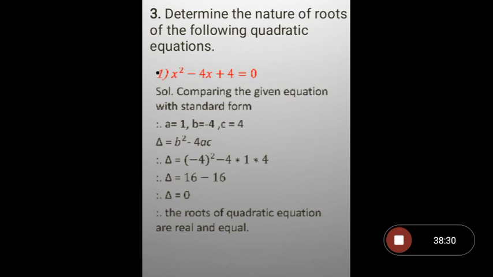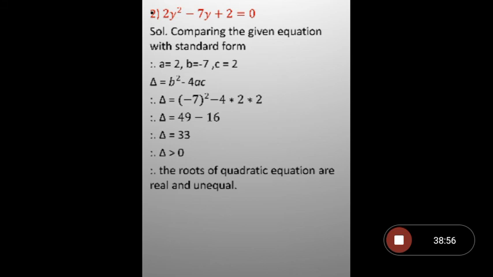Substituting these values, delta is equal to minus 4 square minus 4 into 1 into 4. Therefore delta is equal to 16 minus 16, that is 0. Delta is equal to 0. That means the nature of the roots of the quadratic equation is real and equal.